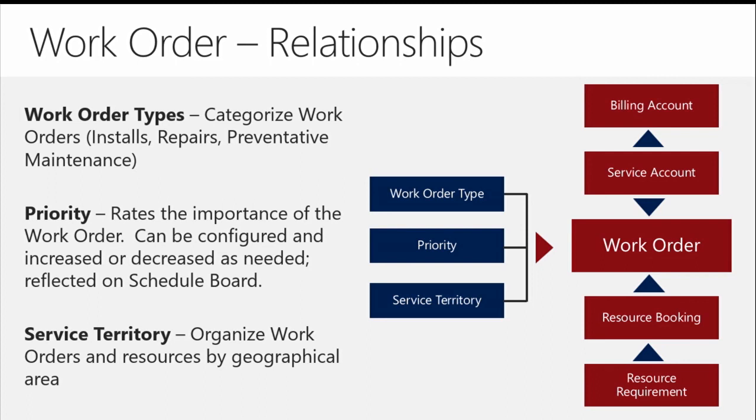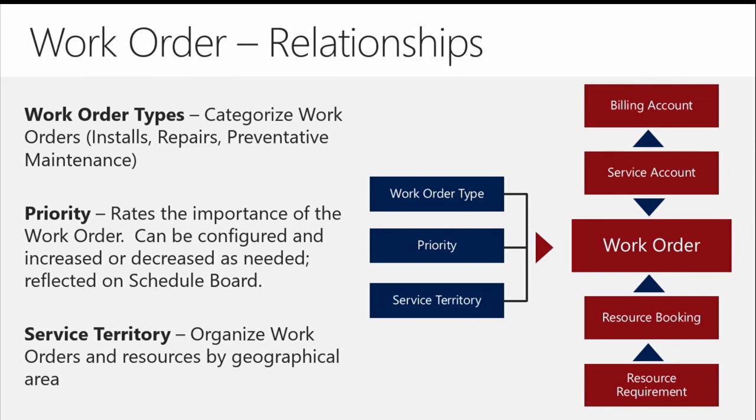The other thing that you'll see in here is a priority. So the priority allows us to define how important this work order is in the grand scheme of things. Now, what's nice about the priority is as we get into things like resource scheduling optimization and some of the other semi-automated processes, the priority can be taken into account to determine when this item should be scheduled.